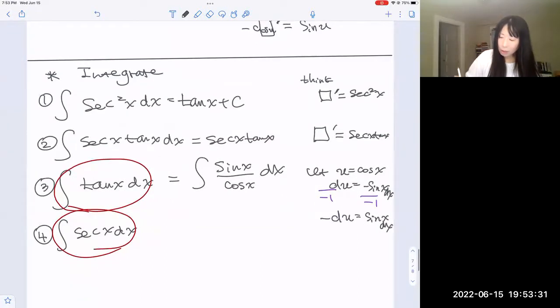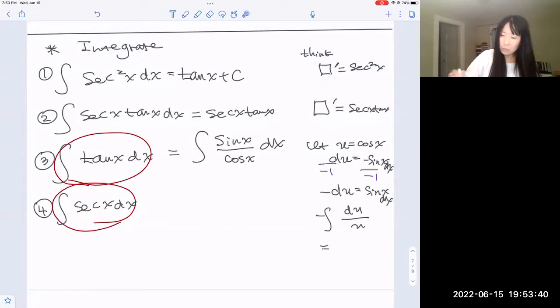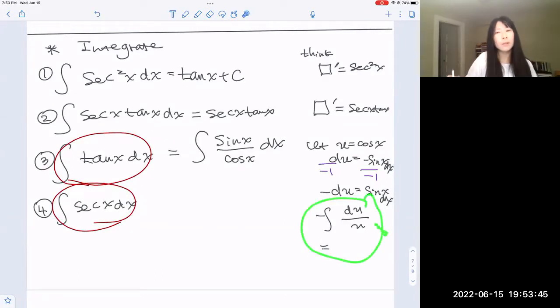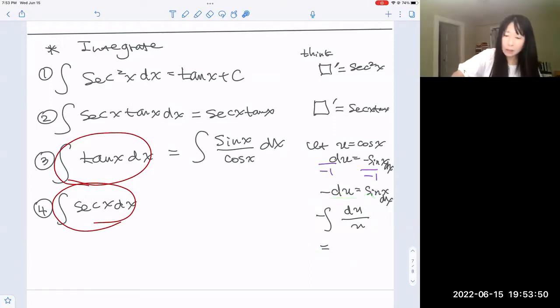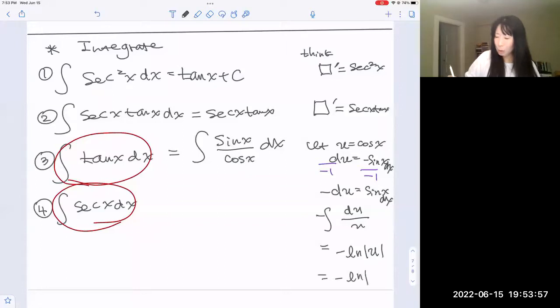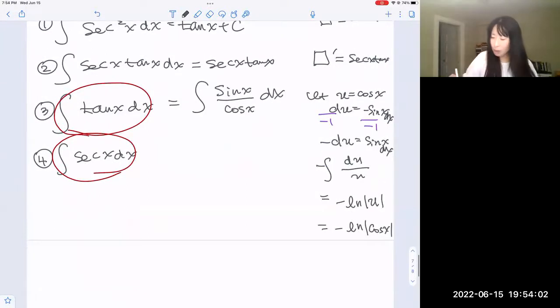Then we get negative du over u. So what do you get for this one? We did that yesterday a lot. ln u, right? So negative ln u. Now ln u is negative ln cosine x.